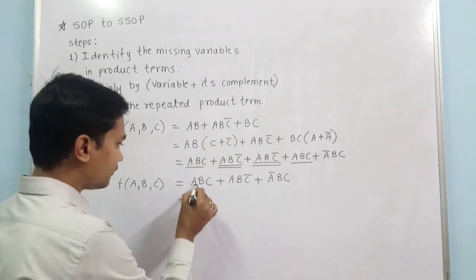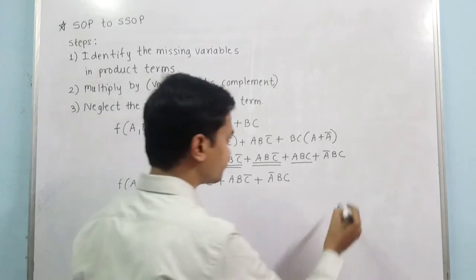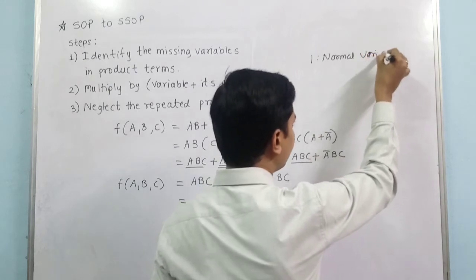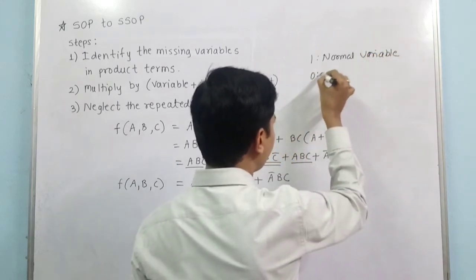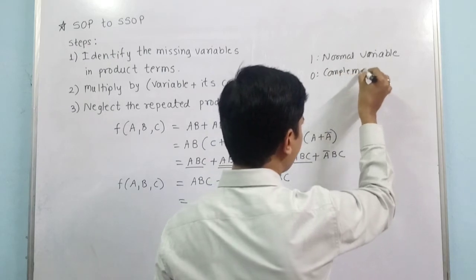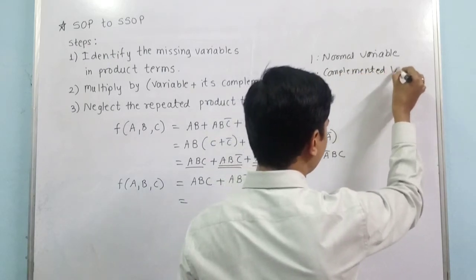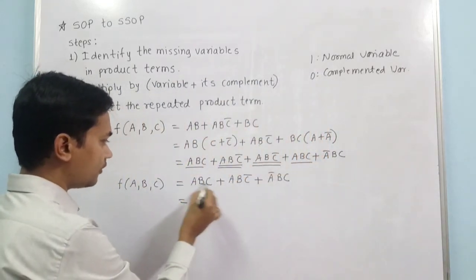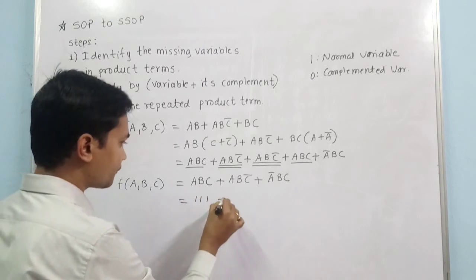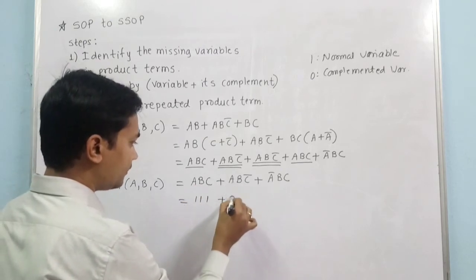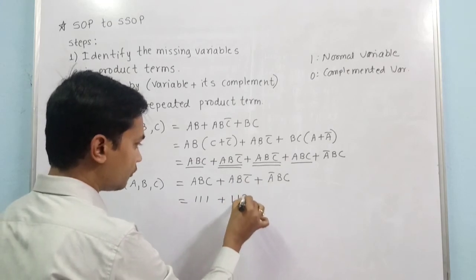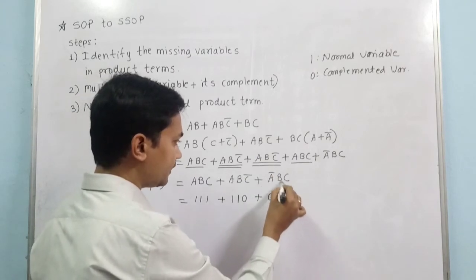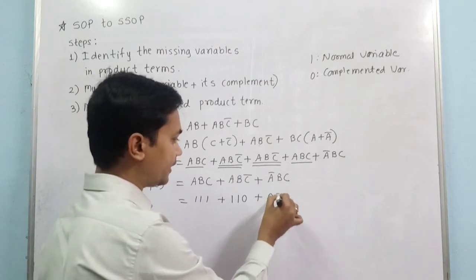Here we write 1 for a normal variable and 0 for a complemented variable. So for abc we write 111, plus for ab c bar we write 110, then a bar bc means 0, 1, 1.